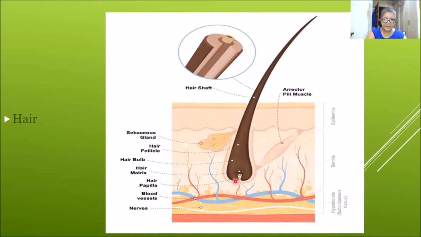Then you have here the hair papillae, where the blood vessels or the nerves will enter.